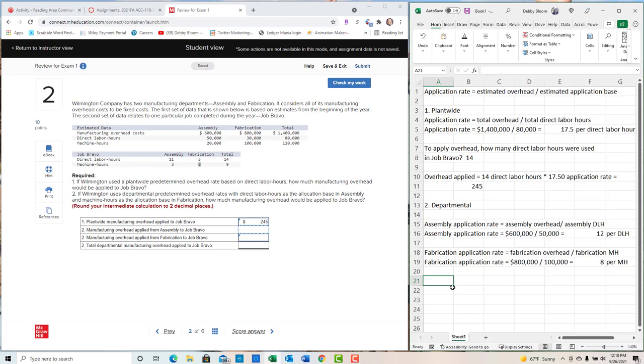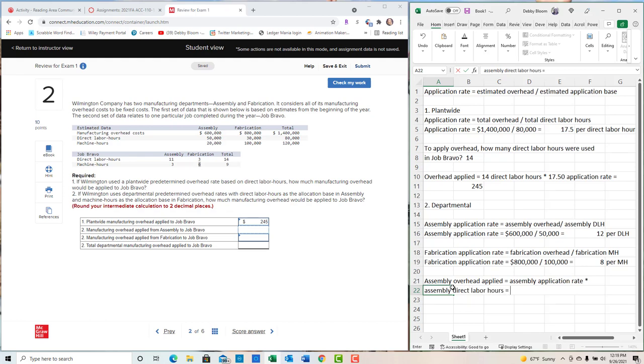So for our assembly overhead applied, we're going to use the assembly application rate and multiply it by, since we're told in the problem that it's direct labor hours, just the assembly direct labor hours.